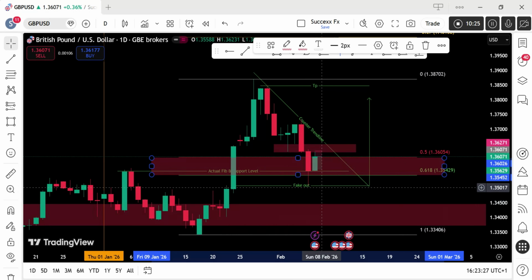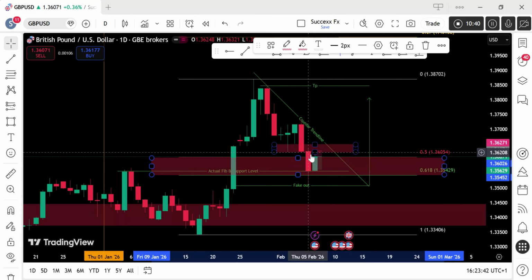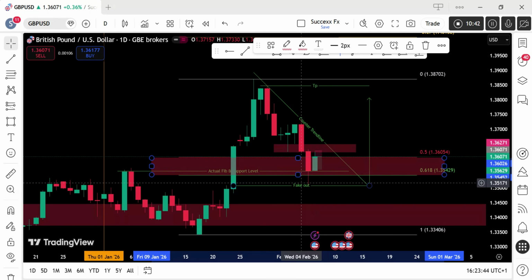If you go down to the lower time frame, you might not understand what just happened here, because you're going to see a candle close above this level, and that might deceive you to feel like price is going to continue to come down, not knowing that it was just a fake out.